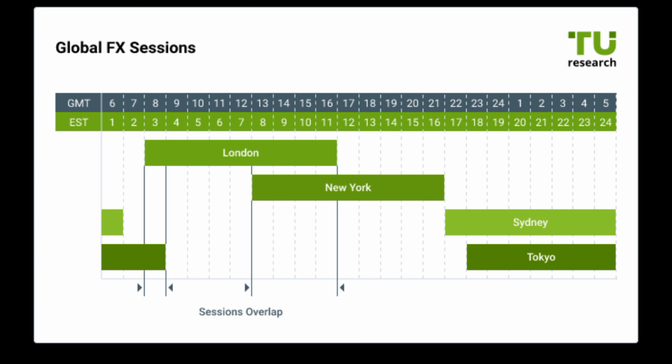The overlap between the Sydney and Tokyo sessions typically occurs between 12 a.m. and 3 a.m. The overlap between the London and New York sessions occurs between 1 p.m. and 4 p.m. During the overlapping period, the currency pairs often experience higher liquidity. When I say higher liquidity, I mean more inflow of money and increased trading volumes, making them potentially favorable for trading.